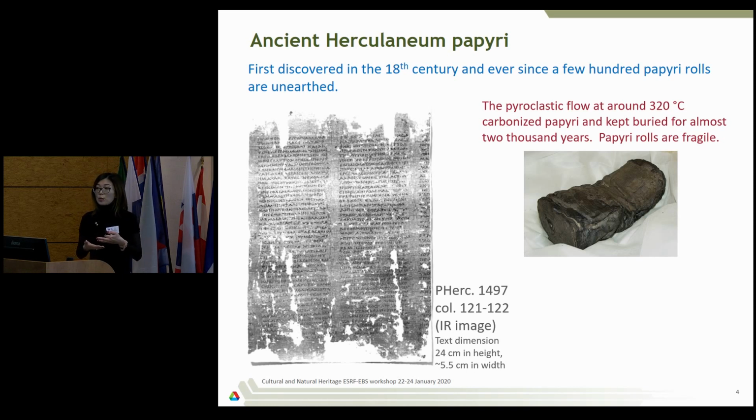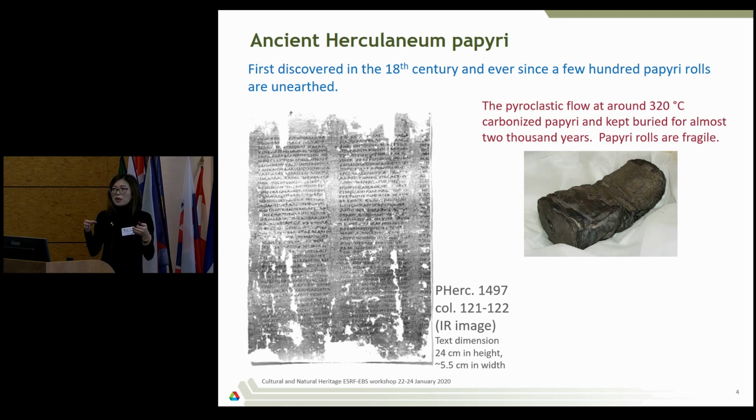And since they were stored over almost 2,000 years, because of the pressure and the environmental fluctuation, these layers of papyrus can get stuck together, and with the pressure and the weight, they crumble, they deform completely. So it's impossible to unroll them. This is an example of a well-preserved Herculaneum papyrus.